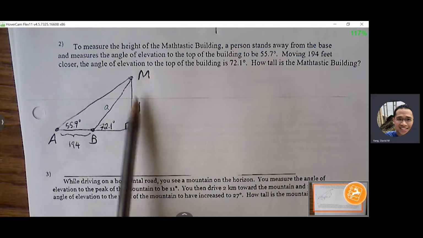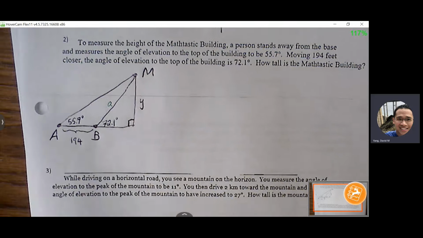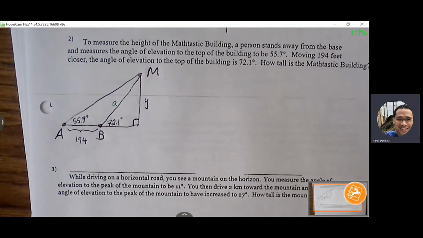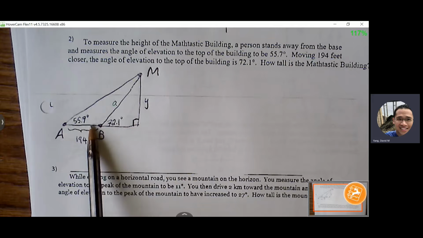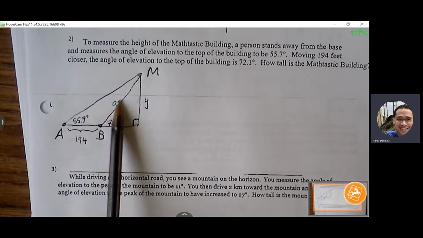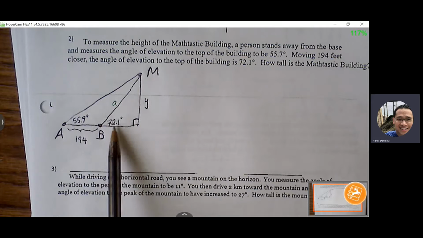How tall is this Mathtastic building? Okay. Two-step process, right? We have to figure out information about this obtuse triangle. And then once we can get that, then we can move to the right triangle on the right side. Maybe SOHCAHTOA can help us figure out this side y.